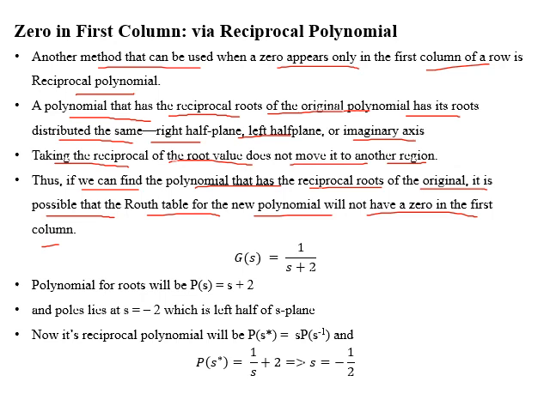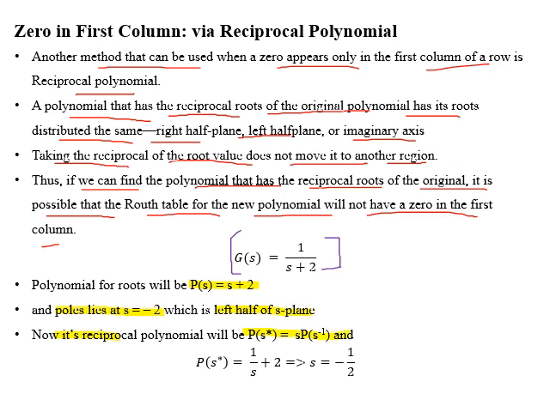For instance, consider a system G of S equal to 1 over S plus 2, where its roots will be defined by the polynomial of the denominator, which is P of S equals S plus 2, and its root or pole will lie at S equals minus 2, which is in the left half of the S plane.